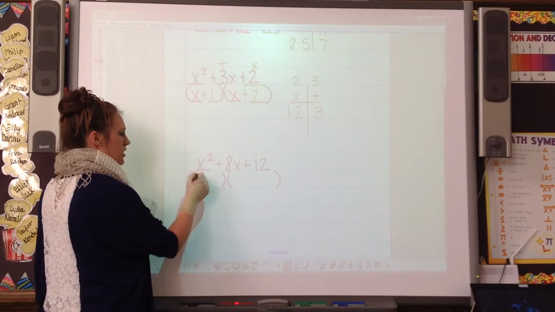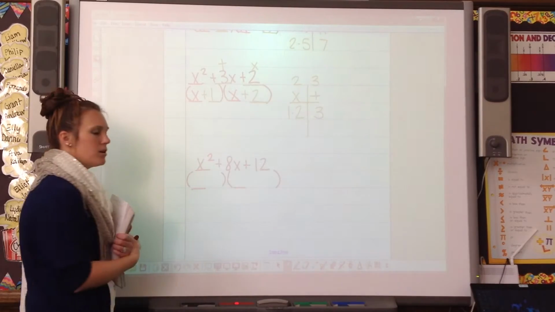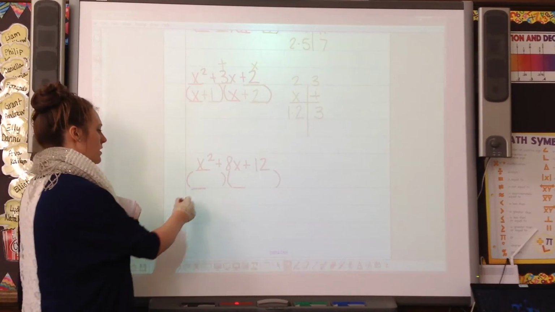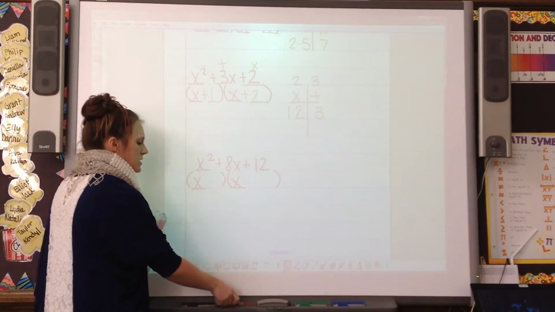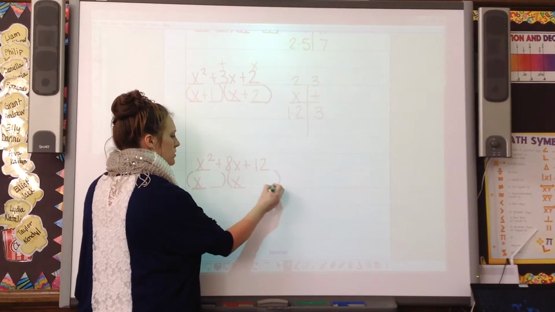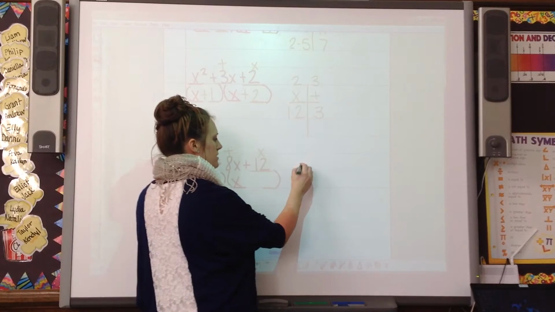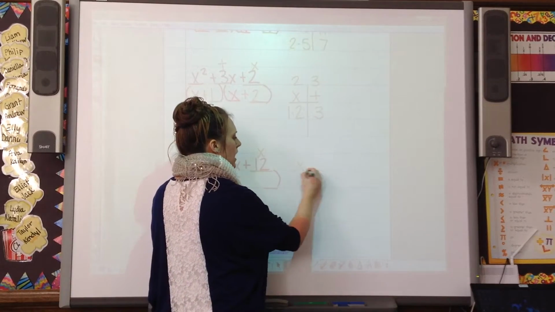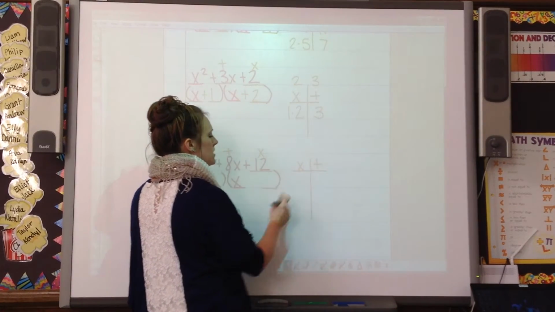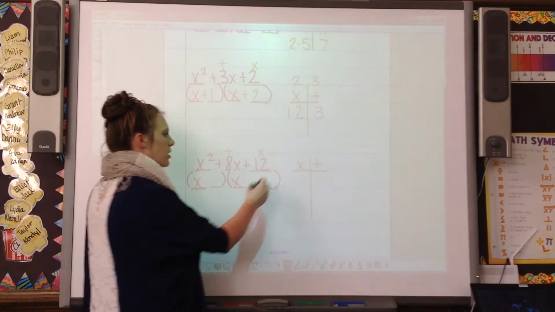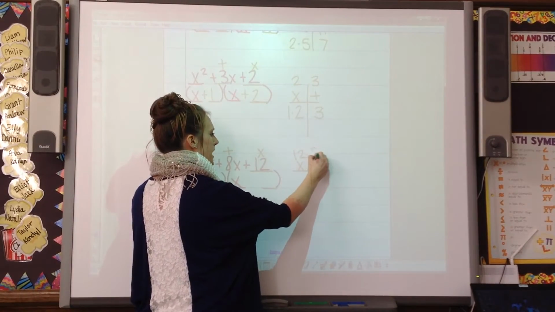To get this first term, you need to think what times what equals x squared. To get the last terms in both binomials, you need two factors that multiply to be 12 but add to be 8. So to keep my thoughts organized, I make a t-chart. Two numbers that multiply to be 12 but add to be 8.